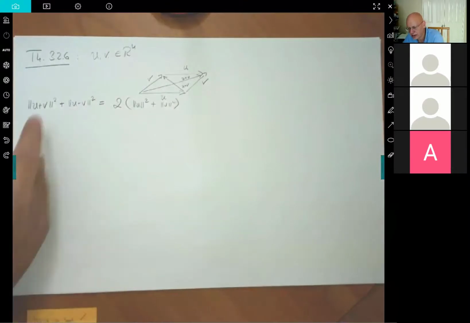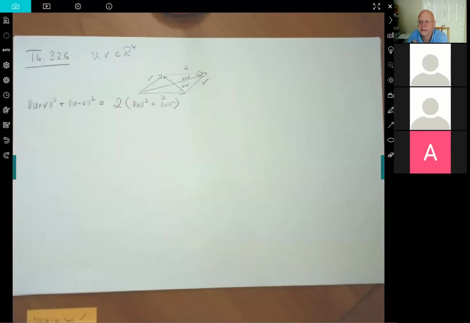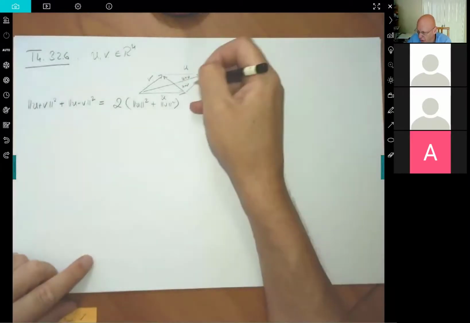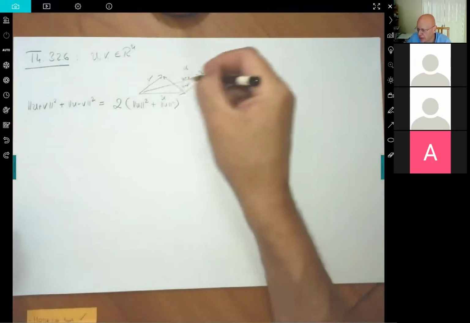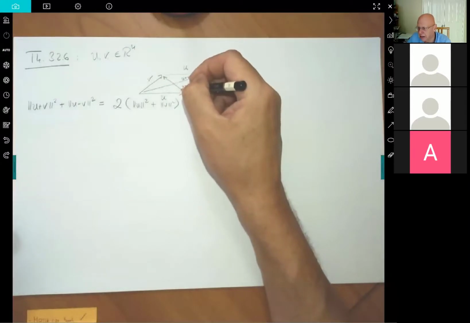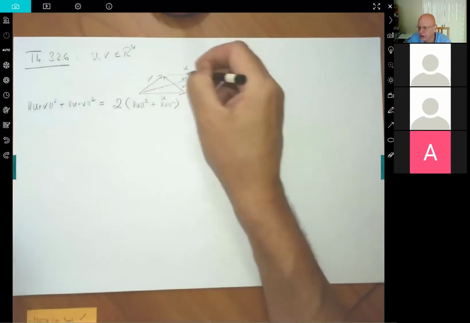And how do you do this? You write this with a dot product, this with a dot product, and just multiply out, and you get it. So it turns out the dot product is a very nice way of sometimes, doesn't work all the time, but if the dot product works, it's a very nice way of proving geometrical results. So this is called the parallelogram equality. So in a parallelogram, the sum of the squares of the diagonals is equal to the sum of the squares of each side.